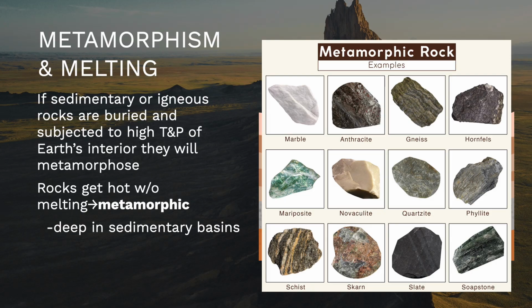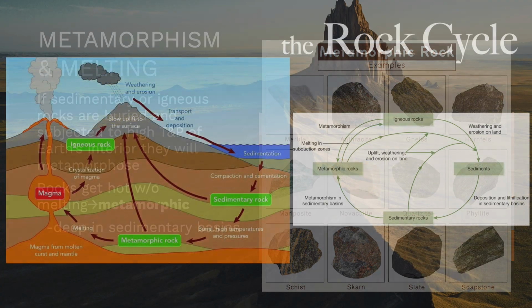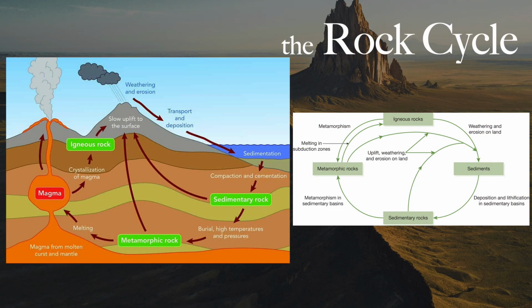Okay, so now that we discussed all this, this is really closing the loop of our rock cycle. So, as a recap, putting all this information into a diagram, we can see a loop structure, which is our rock cycle.